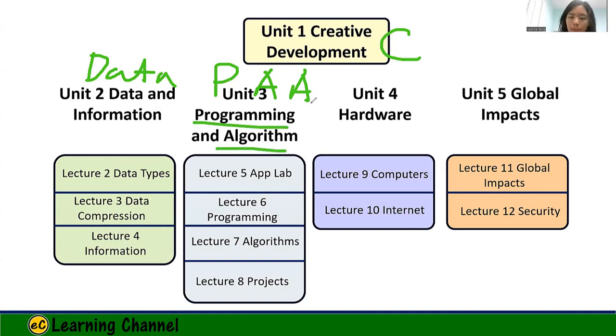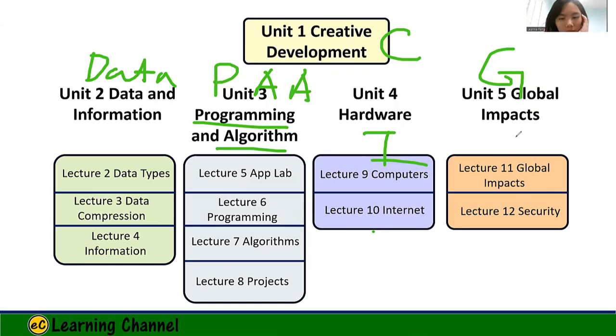So this unit 3 covers 3 ideas. Then the next unit covers G, for global impacts, and this one covers I, for the internet. So this is CADAPIG. Is that okay so far?